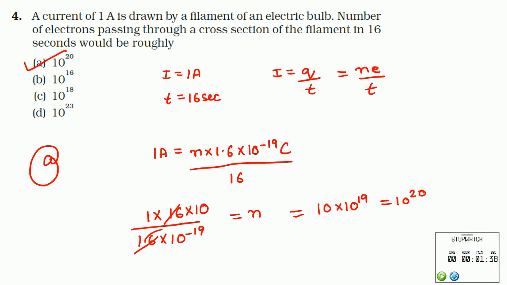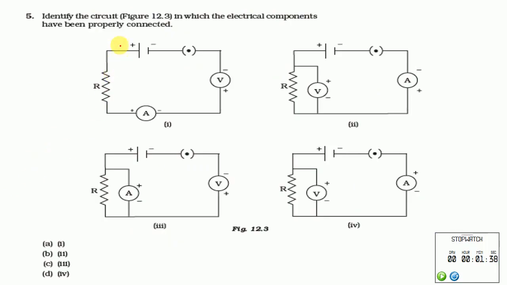Okay. Next, 5. Identify the circuit. These are four different circuit diagrams, and you have to identify in which the electrical components have been properly connected. It's not asking which are improperly connected.